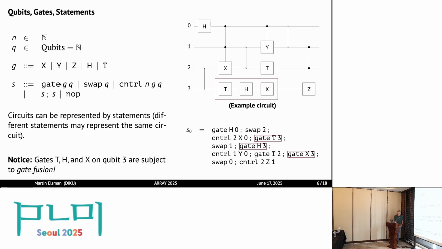You can apply a particular gate on some particular qubit. That is one kind of statement. Another is that you can swap a qubit with the next qubit. So you swap q and q plus 1 in their interpretation, and that's sometimes needed to apply some other gates.